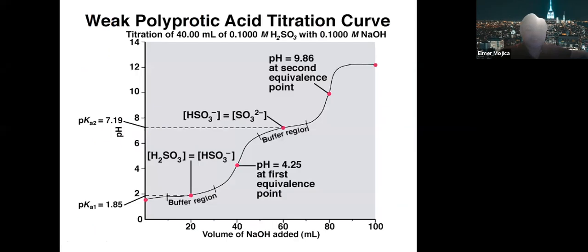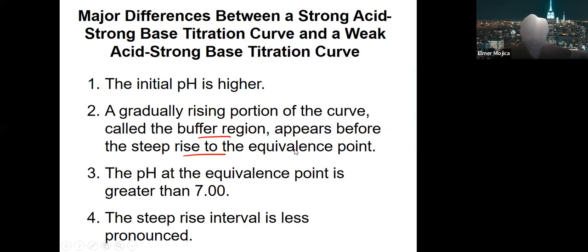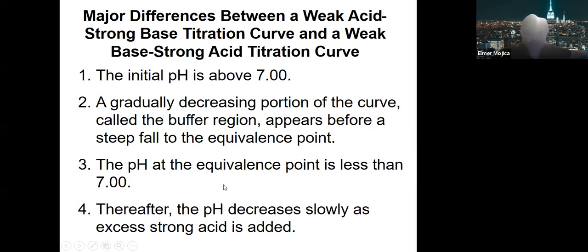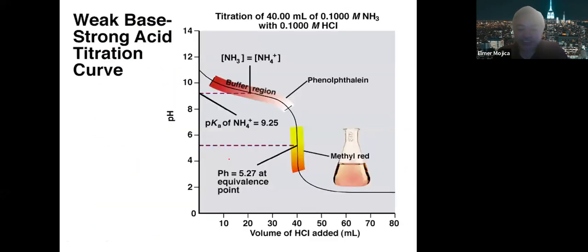Then the pH at the equivalence point is less than 7, and the pH decreases slowly as excess strong acid is added. As you add more acid here, it doesn't drop as much as it did initially.